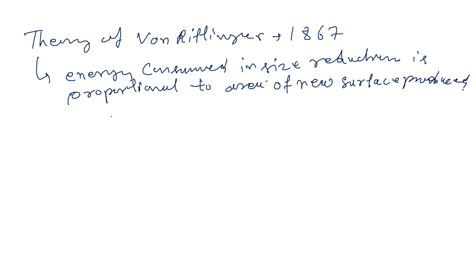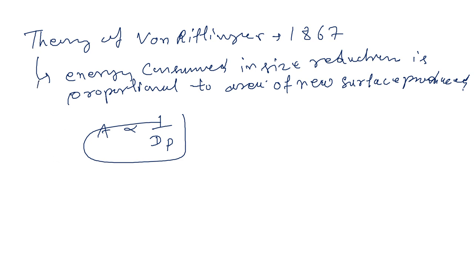The area per unit weight of particles of uniform diameter is inversely proportional to the diameter of the product size.